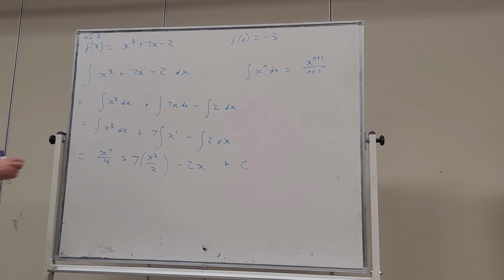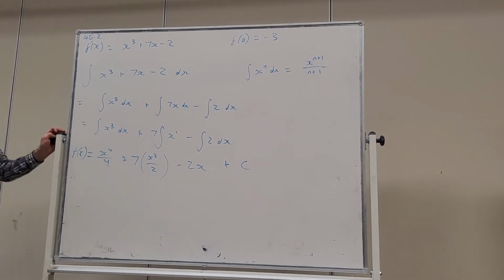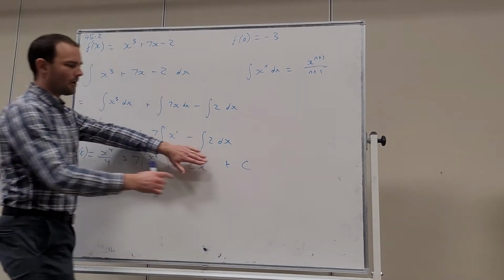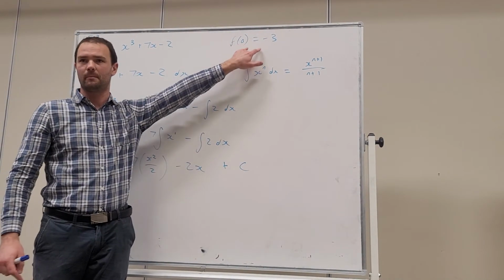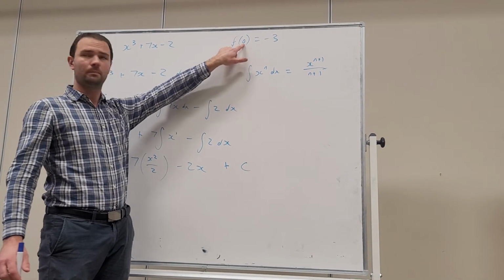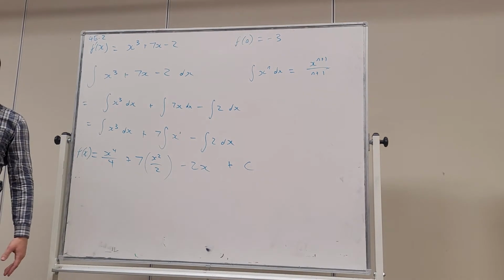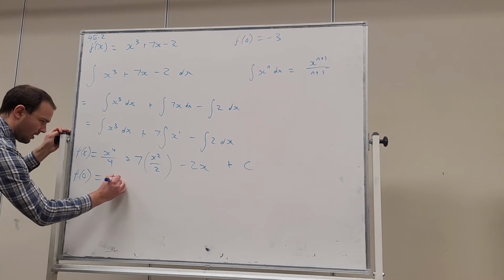Okay, so that would be our f of x, right? But it wants us to find it exactly. So the extension part here on 4E2 is that you're finding this value of c. All right, and you're always going to be given some more information to find c. This new piece of information tells us when you put x is 0 into this equation, it's going to equal minus 3. Okay, so f of 0 equals minus 3.